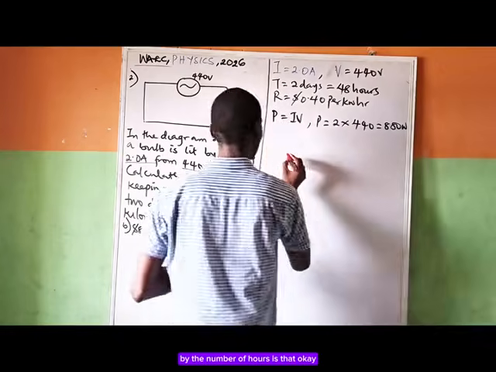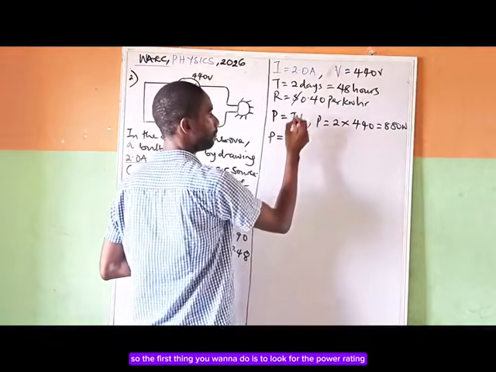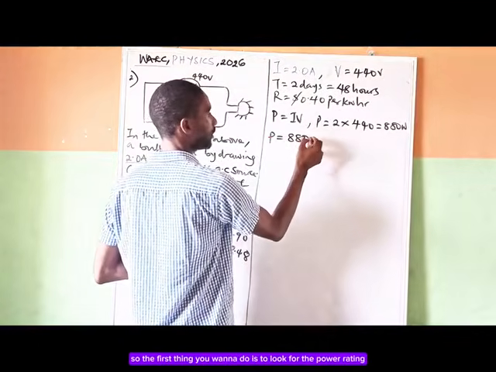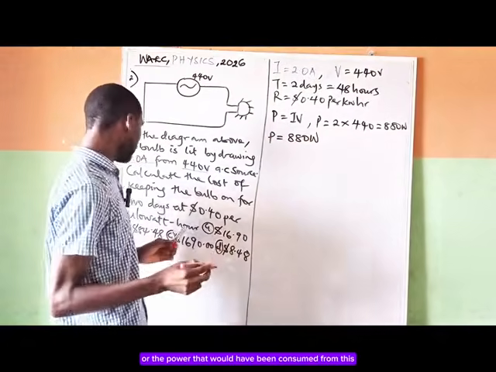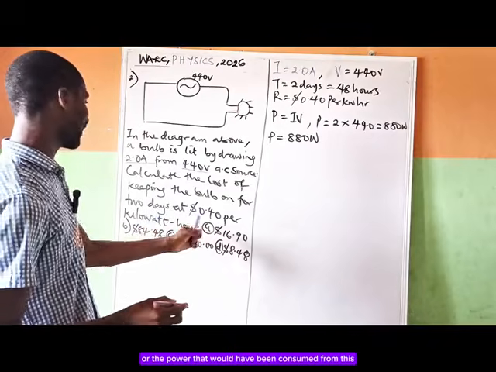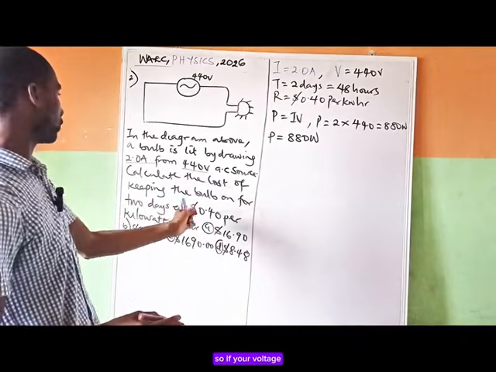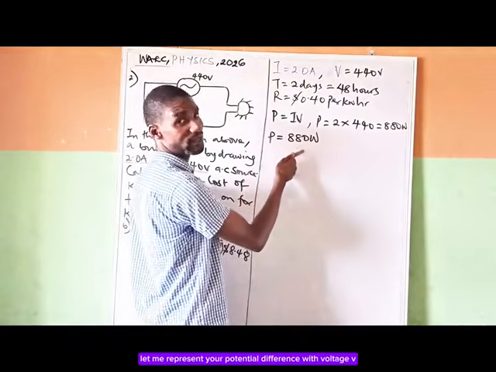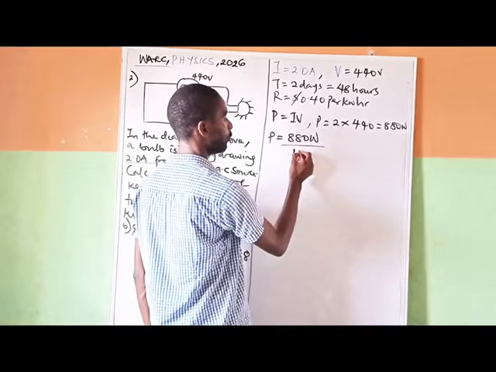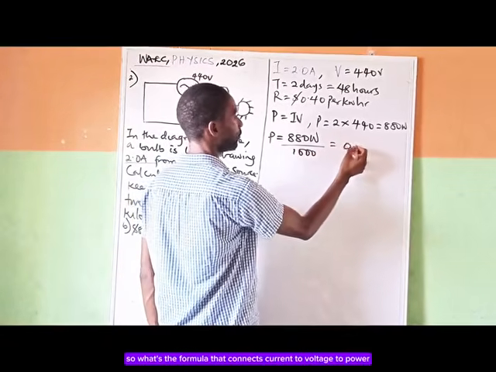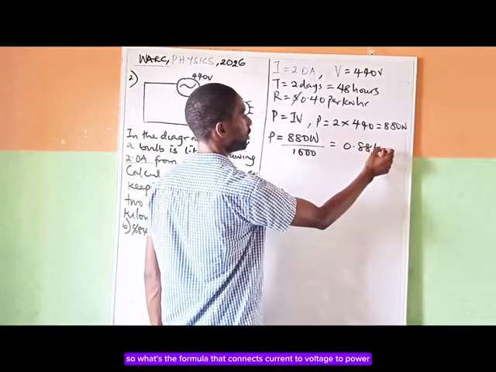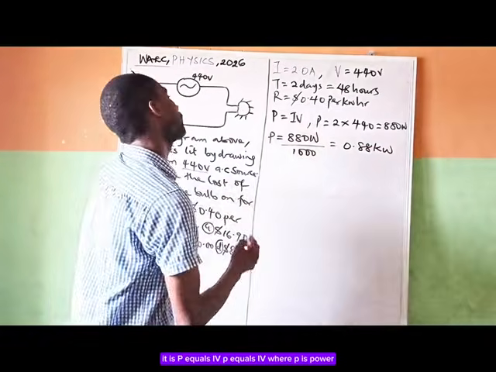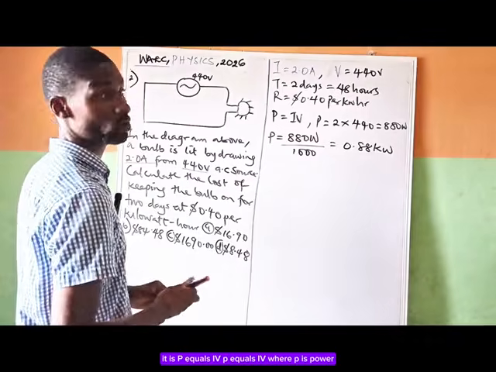So the power consumed by the bulb is 880 watts. But remember, the rate is per kilowatt, so we have to convert this to kilowatts by dividing by 1000. That's going to be 0.88 kilowatts. So we've gotten the power rating, or what has been consumed.